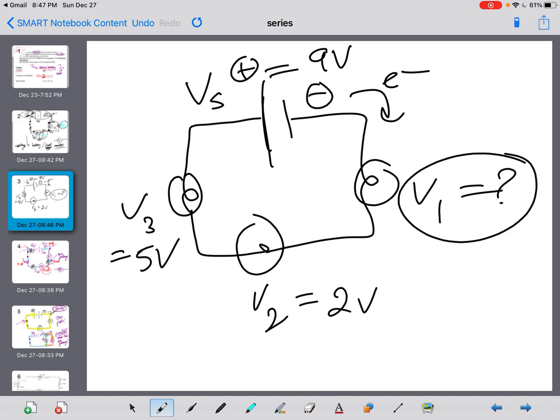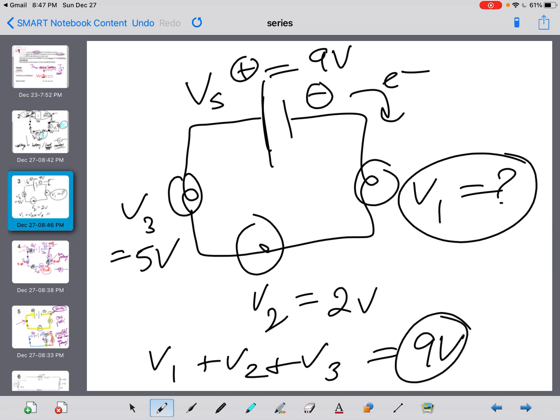You know that V1, V2 and V3 should add up to 9 volts, because that's what the battery voltage is. So through subtraction, you can figure out what's the remaining amount. If this is 5 and this is 2, that means V1 had to be 2 volts for them all to add up to 9. Right? 5 plus 2 is 7, 7 plus 2 is 9. Hopefully that makes sense.